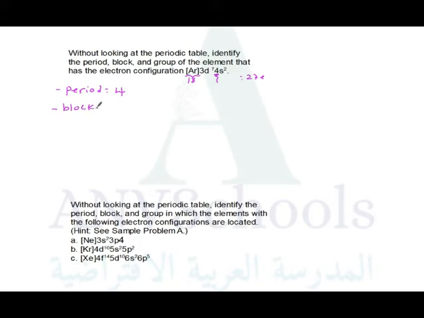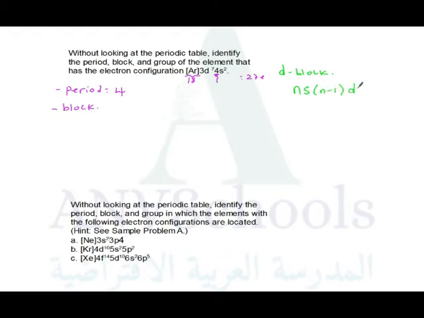And the block, here we must take care in deciding the block. If it is in the d block, the pattern must be ns1 or 2, and (n minus 1)d.